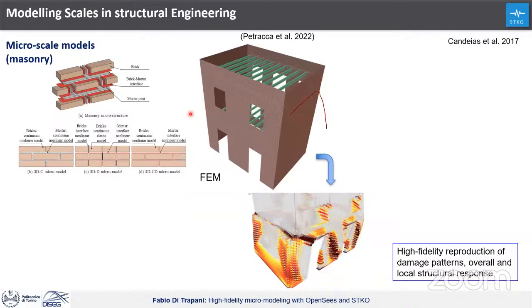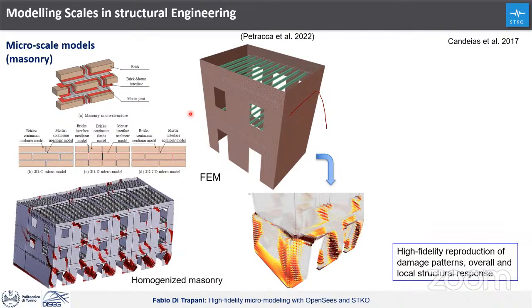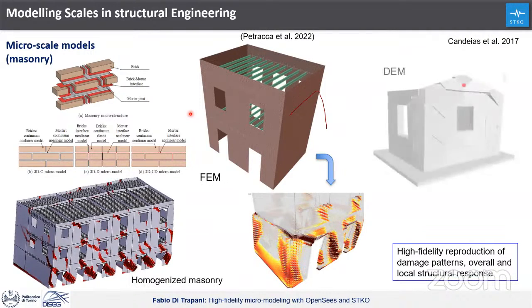We can give a very nice reproduction of the damage and of the overall and local response. Another way of doing this is homogenized masonry. Homogenized masonry is in the middle between microscale and macroscale models. It also provides a detailed representation of the damage, and it is good for global and local analysis.